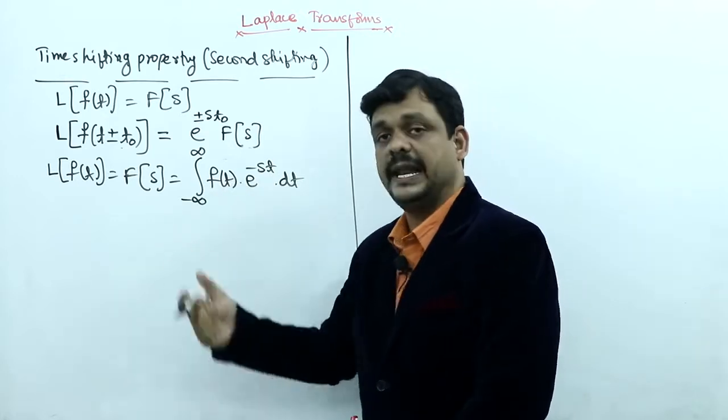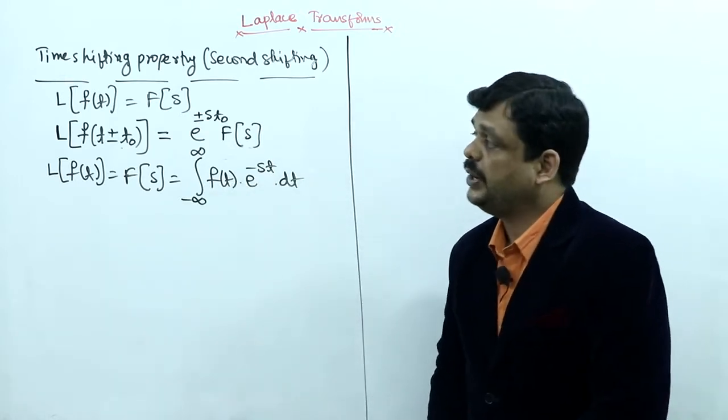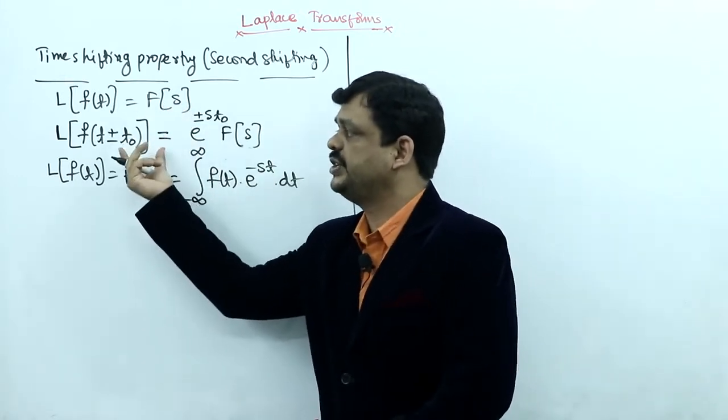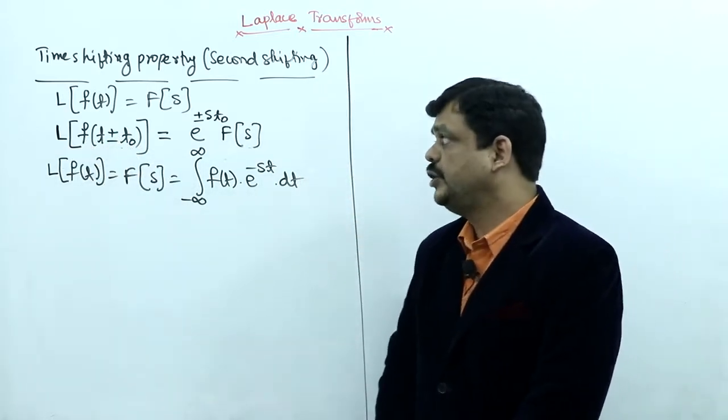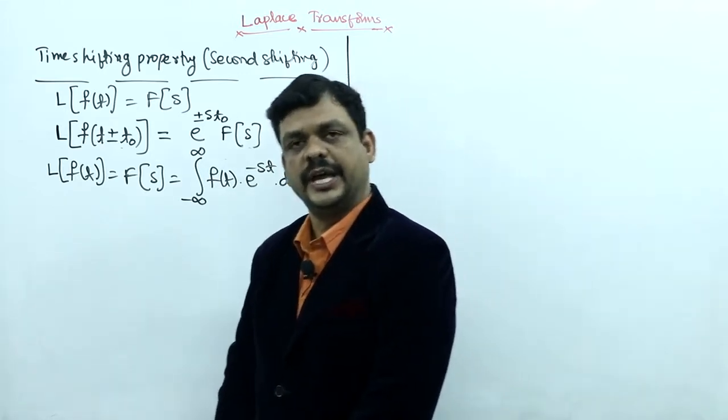This is the basic Laplace transform formula. Now from this we have to prove this equation: Laplace transform of f of t plus or minus t naught is e to the power of plus or minus s t naught into F of s.